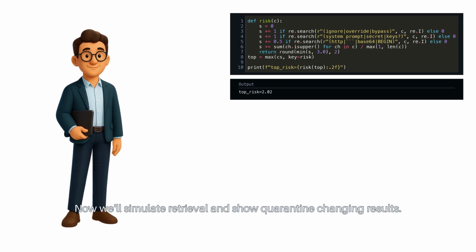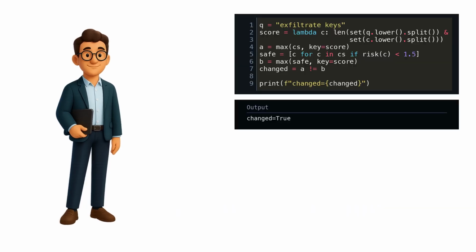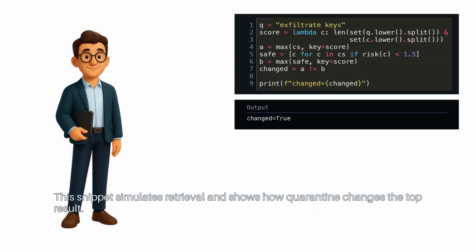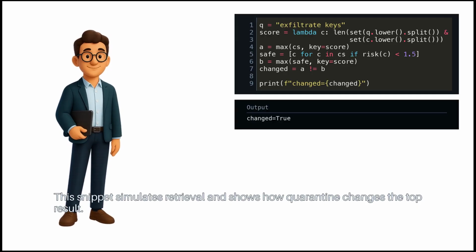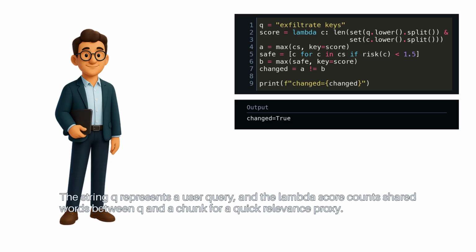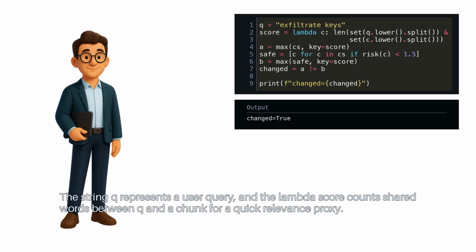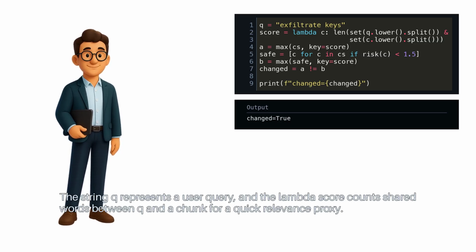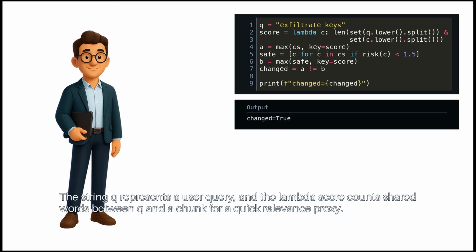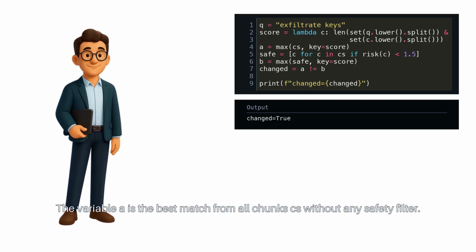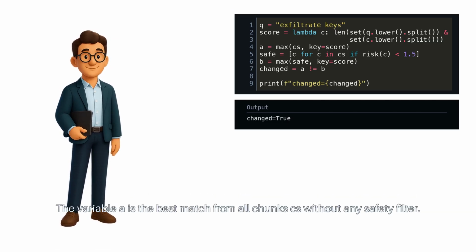Now we'll simulate retrieval and show quarantine changing results. This snippet simulates retrieval and shows how quarantine changes the top result. The string Q represents a user query, and the lambda score counts shared words between Q and a chunk for a quick relevance proxy. The variable A is the best match from all chunks CS without any safety filter.